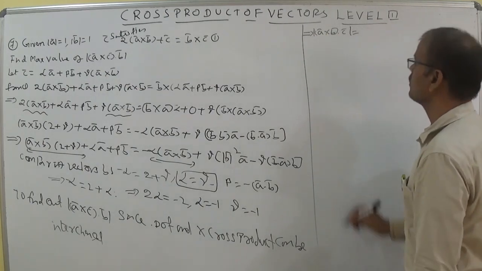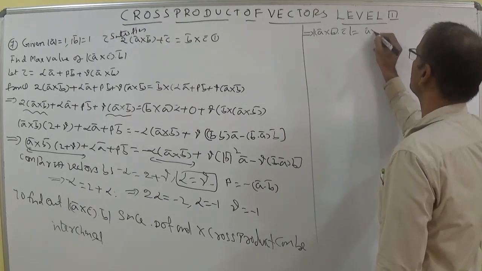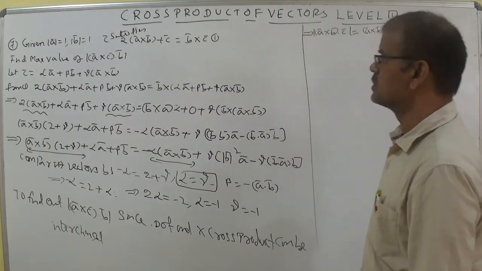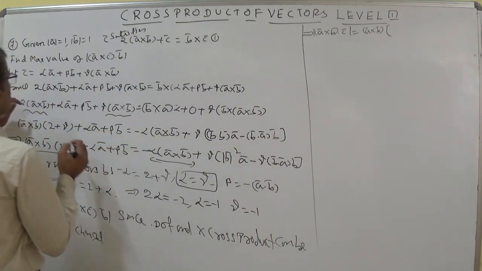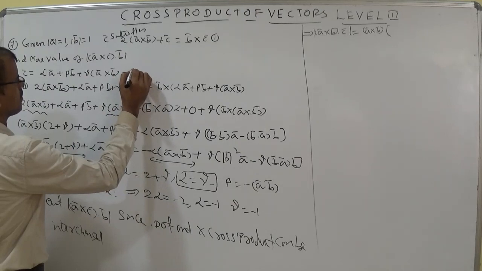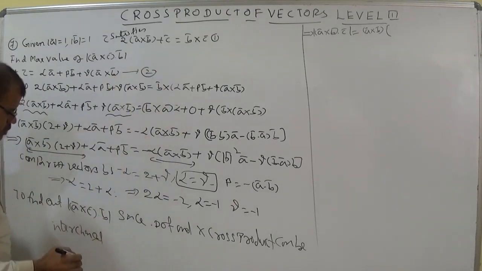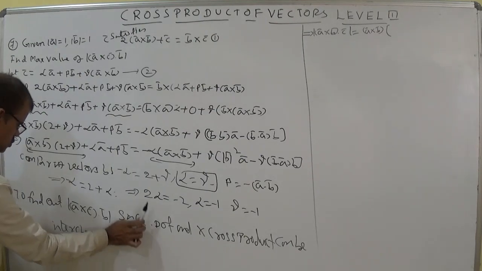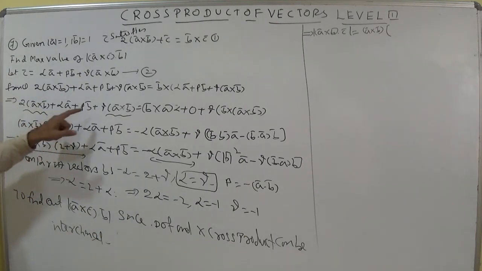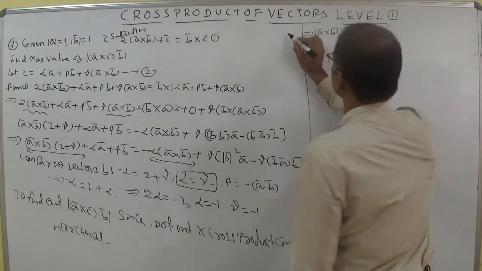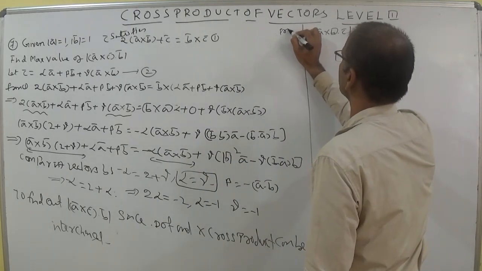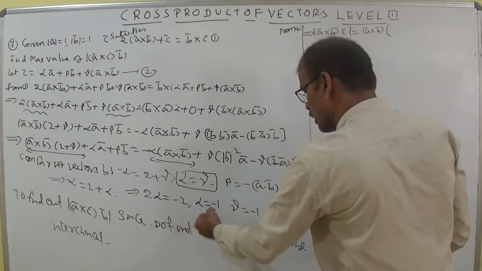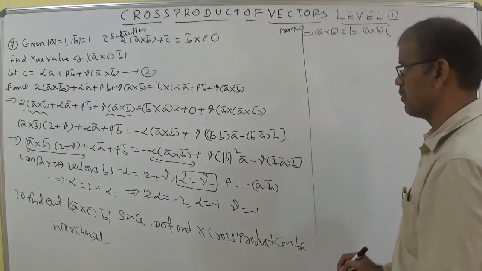So what is the value of A cross B? Simply you write A cross B into what is the value of C we got. C, we thought, is alpha A bar plus beta B bar plus gamma A cross B. From the second equation, what values did we get for alpha, beta, gamma?